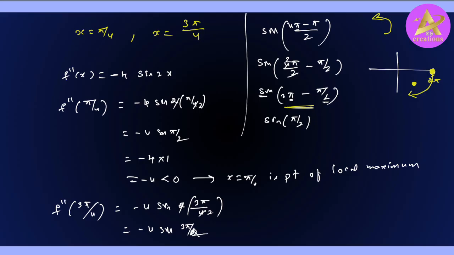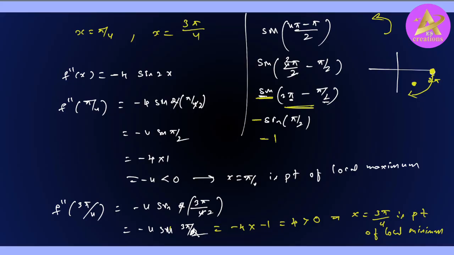In the fourth quadrant, sign is negative, so you get a minus sign here. Minus sin 90 degrees, 1, we get -1. So -4 into -1 is plus 4. 4 is greater than 0, that implies x equal to 3π by 4 is a point of local minimum.